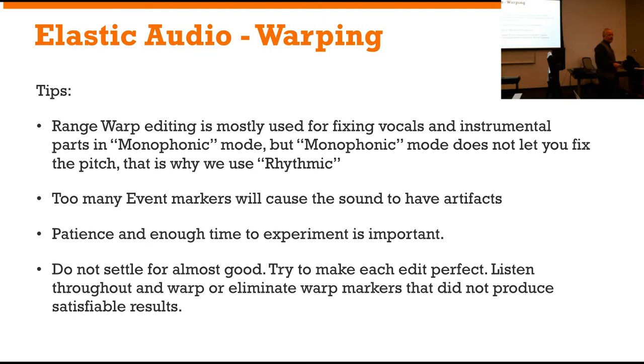I don't see exactly what you would use that for, but it's a mode. So what you want to make sure of, since we use range warp and are only warping specific ranges, is to hold shift before you start grabbing a warp marker. If you accidentally don't hold shift, can you undo it? Yes, all undos work on Elastic Audio tracks, so everything should undo. You can go back 99 steps if you wanted to.